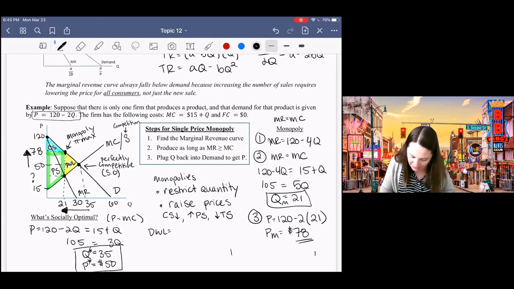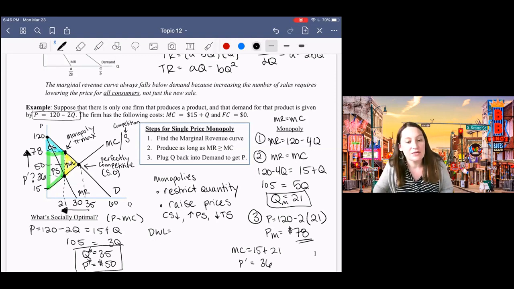To do that, I'm going to take my marginal cost equation, since I'm adding here instead of subtracting. That's 15 plus Q. And then I'm going to plug in for Q this 21 units. So 15 plus 21, this P prime here is equal to 36.